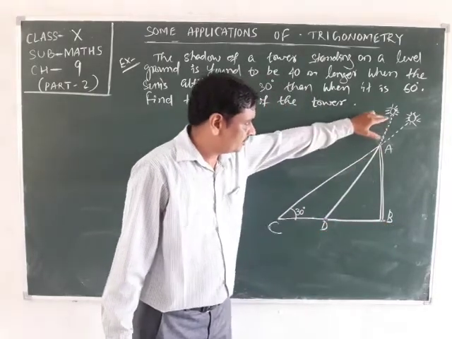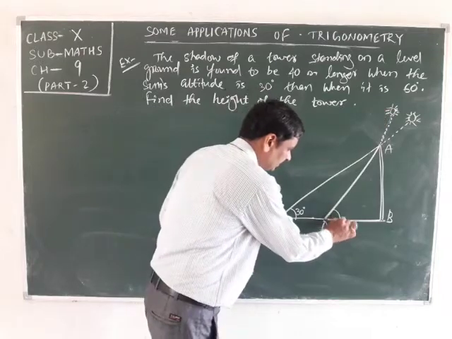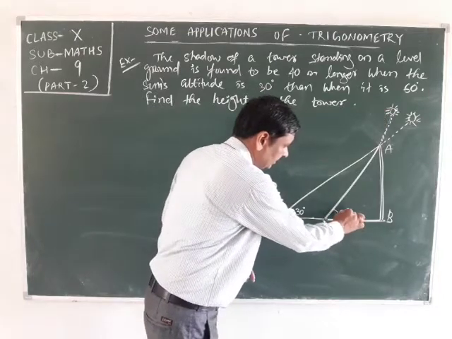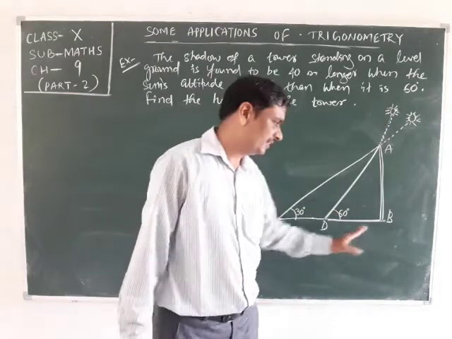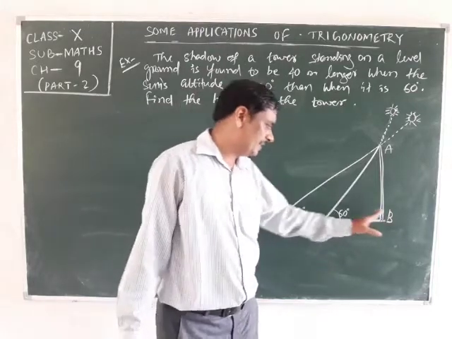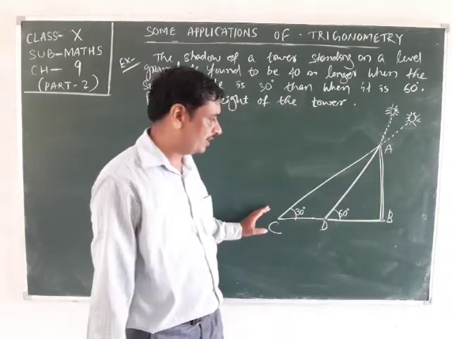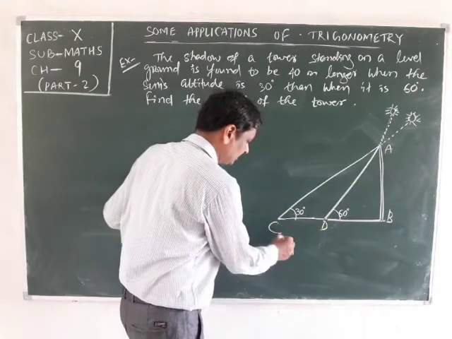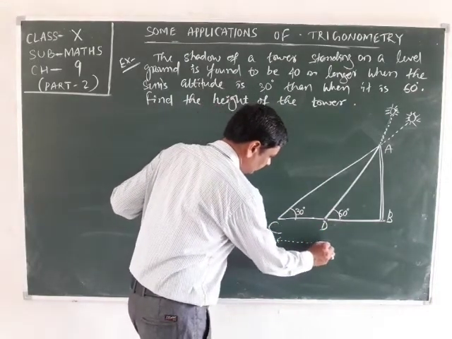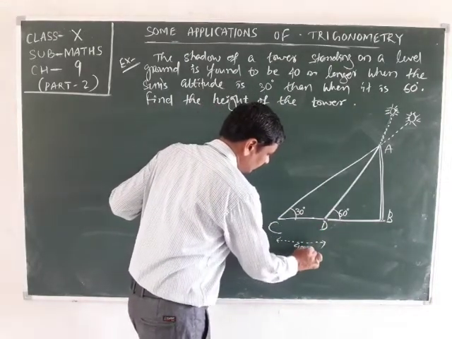If the sun's altitude is measured as 60 degrees, that forms the shadow BD. This shadow BC is 40 meters longer than the shadow BD. That means this CD is given as 40 meters.